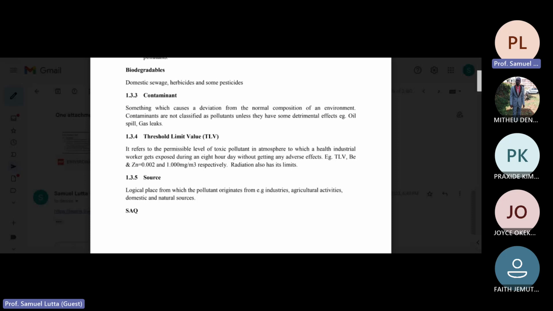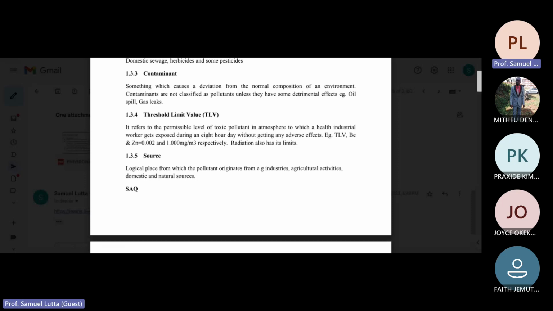So the threshold limit value, TLV, is the permissible level of the toxic pollutant in the atmosphere to which a human industrial worker gets exposed during 8 hours, which we say is the normal working day. If it surpasses that amount, then it becomes an issue.